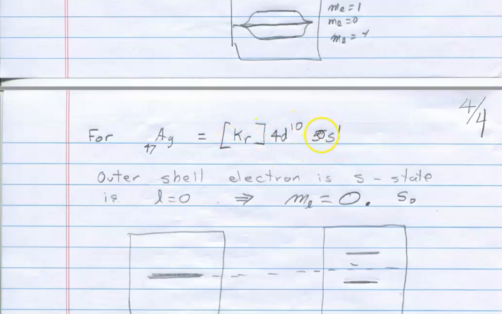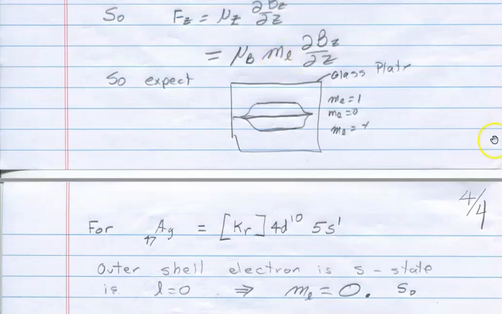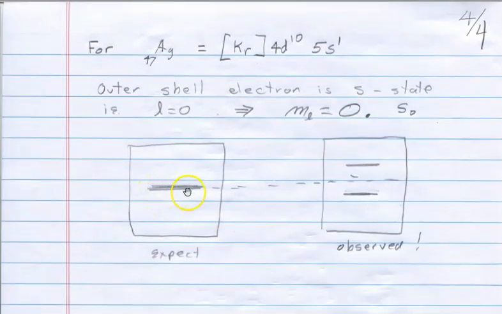So the outer shell electron is, in fact, S, an L equal to 0 state, so the only value of m sub l in this case is 0. So for 0, you would expect to get no force and no splitting. And so one expected this, and in fact you observed the two-line spectrum, two-line splittings. Now, again, they curve over on the side, but those are due to edge effects. The central portions are basically straight lines across.